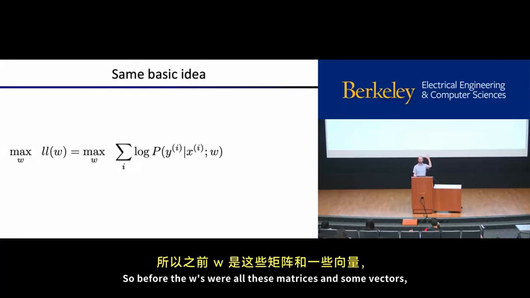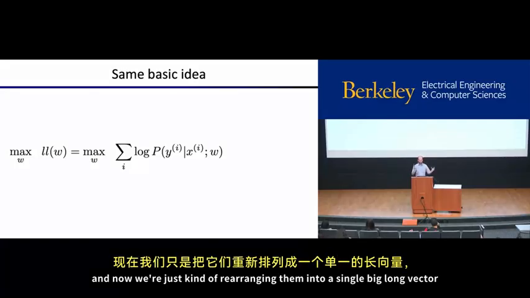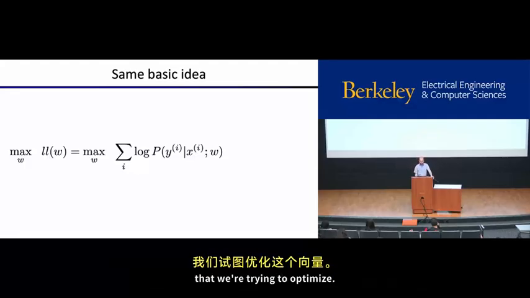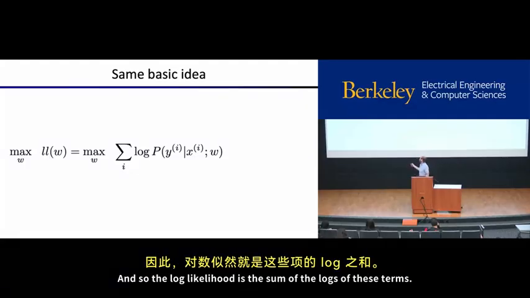Before, the w's were all these matrices and some vectors, and now we're just rearranging them into a single big long vector that we're trying to optimize. And so the log likelihood is the sum over the logs of these terms.